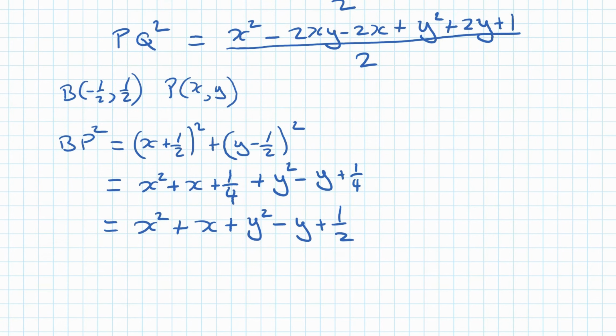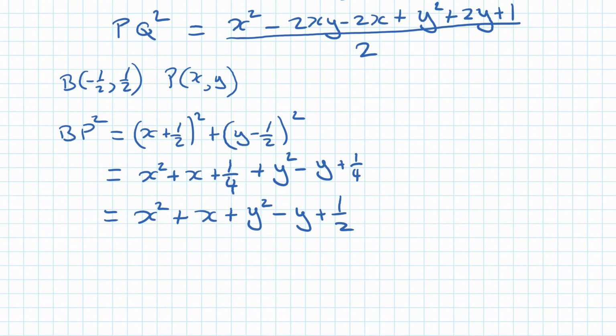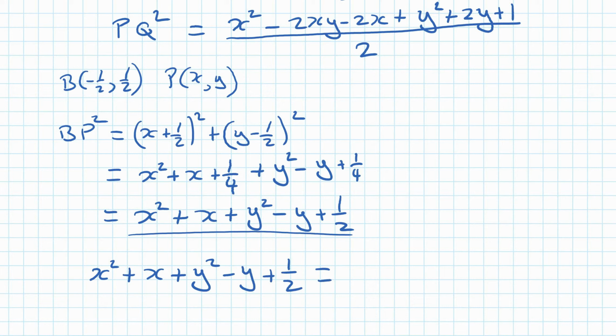So now I just put them both together. I just equate them. BP squared equals PQ squared. So this is BP squared, I just write it down. So x squared plus x plus y squared minus y plus a half is equal to PQ squared, which is this equation here.